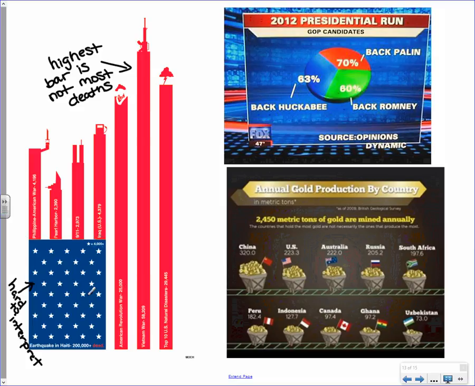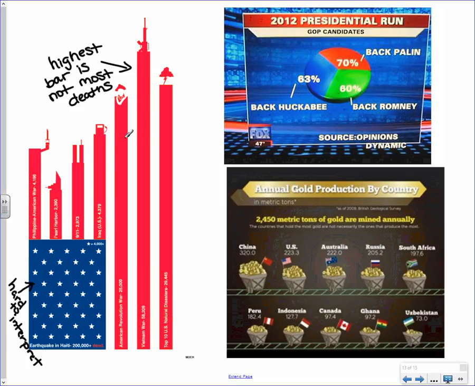If we did have an actual bar graph, this 200,000 would be about 4 times the height of the Vietnam War, right? So if we did that, I think that would have much more impact, just quickly looking at it and saying, wow, look how many more people died in the earthquake in Haiti compared to the Vietnam War or the top 10 U.S. natural disasters, etc.